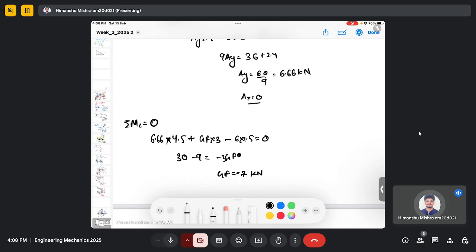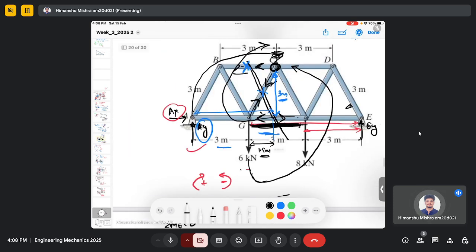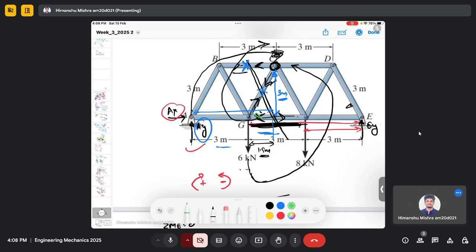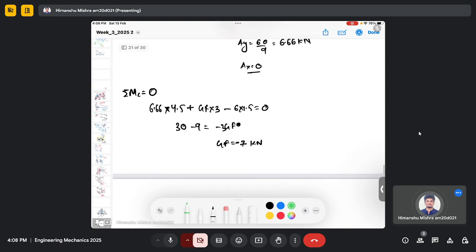And this is negative, which means the assumed direction should be different. It should be like this. That is, it is actually going away from joint G. So it's tensile.